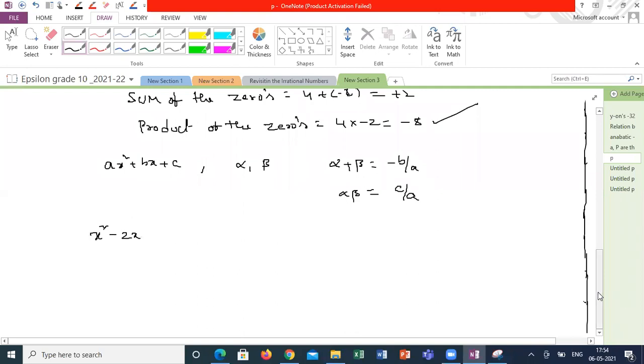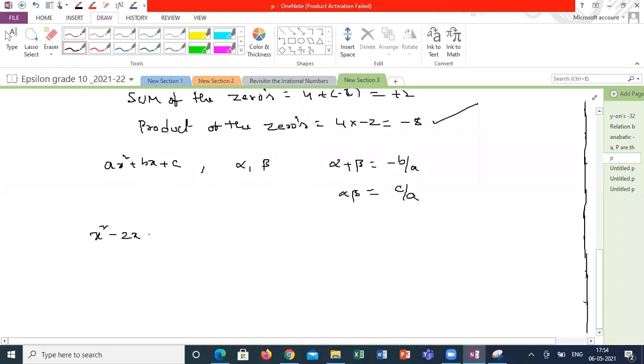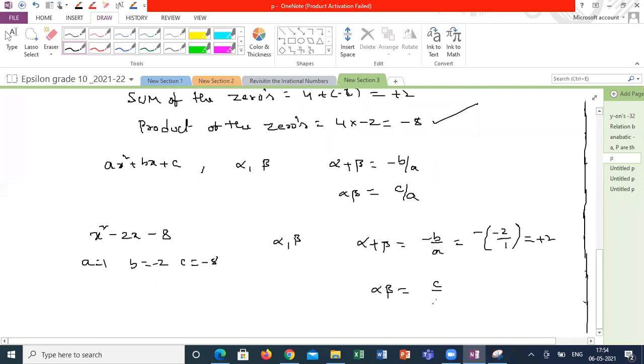Guys, any mistake we did? Correct. A is equal to 1, B is equal to -2, C is equal to -8. If alpha comma beta are the zeros of the polynomial, alpha plus beta is equal to minus b by a, that is minus of -2 by 1, which is 2. Alpha into beta is c by a, minus 8 by 1, that is -8.